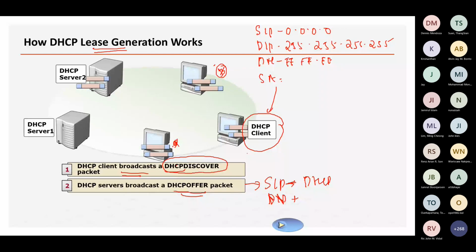So the destination IP address will be mentioned as 255.255.255.255, the source MAC will be the MAC address of the DHCP server, and the destination MAC will be the client MAC, since the server already received the MAC address from the client. So all these computers will receive a request.